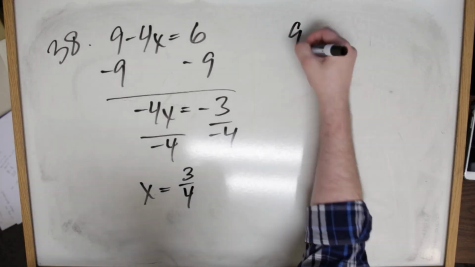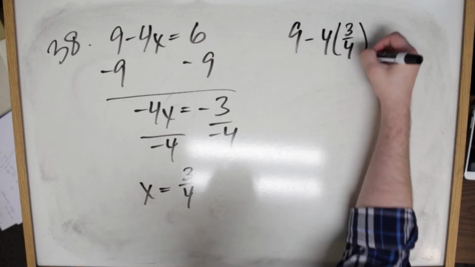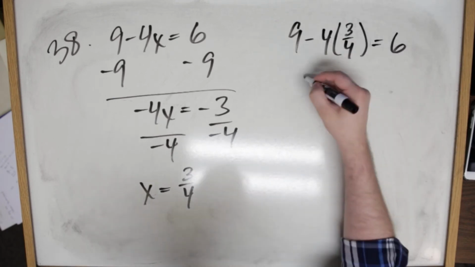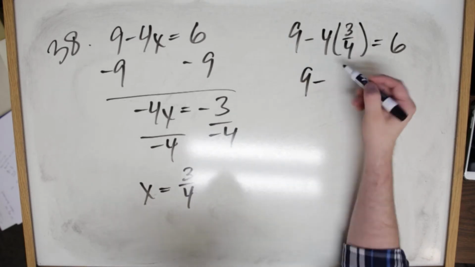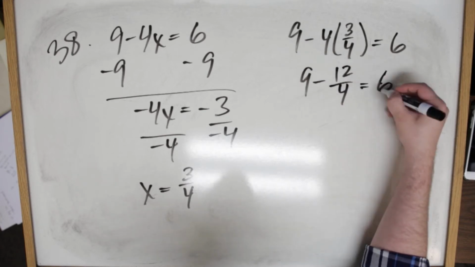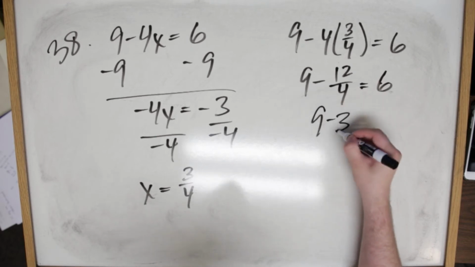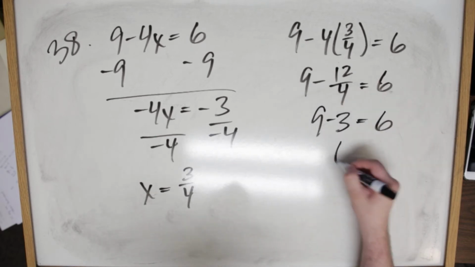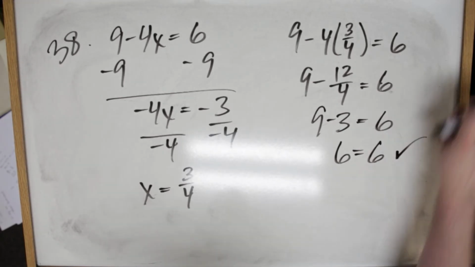So 9 minus 4 times 3 over 4 is equal to 6. 9 minus, again, remember, 4 times 3 is 12 over 4, which is equal to 6. 12 divided by 4 is 3, so 9 minus 3 is equal to 6. 6 equals 6. Done. Perfect.